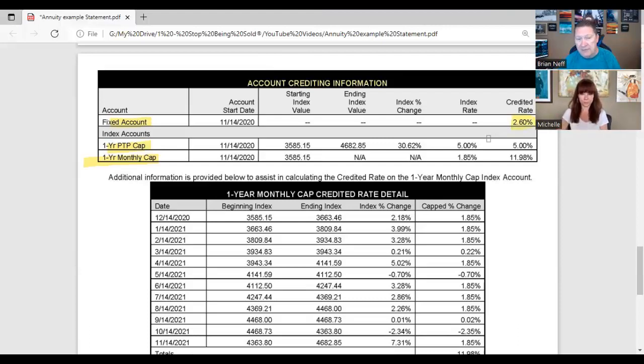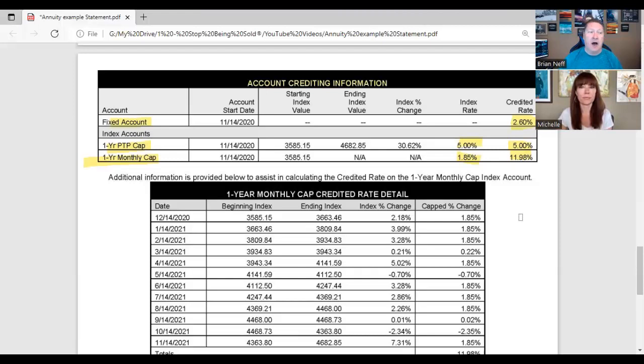Not a bad return, right? The cap on 1 year point to point in this product was 5%. And the 1 year monthly cap on this one was 1.85 monthly, and the client had earned 11.98%.